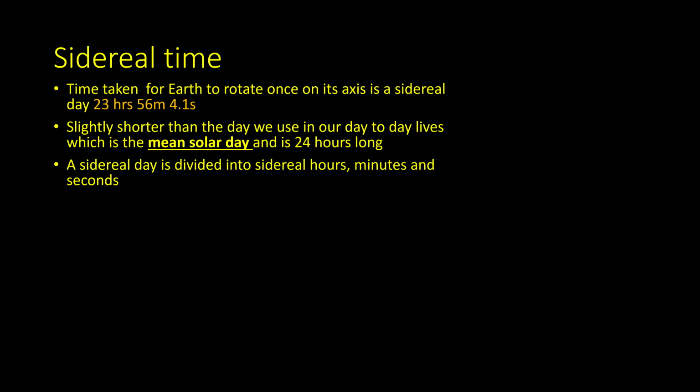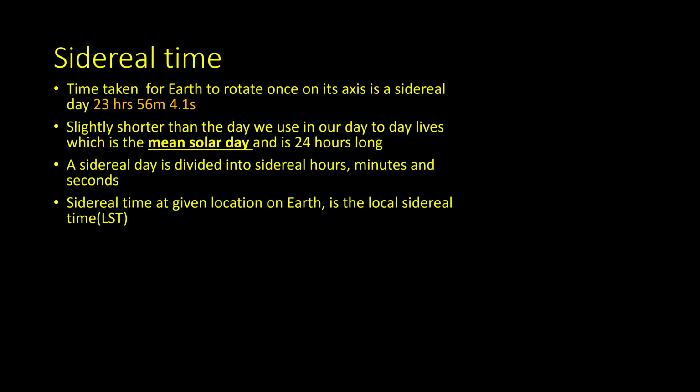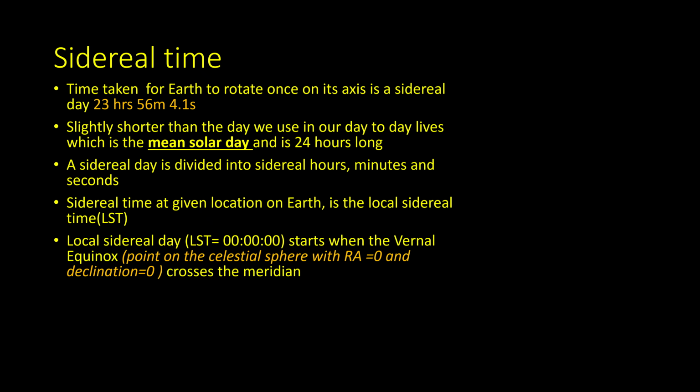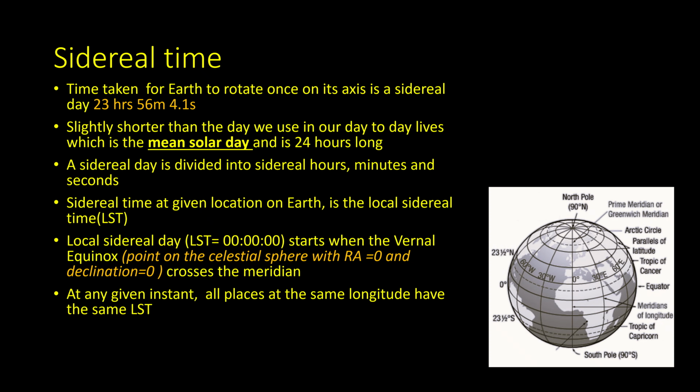Sidereal time at a given location on Earth is called the local sidereal time, and the local sidereal day, rather, begins when the vernal equinox, that's the point in the sky with 0 right ascension, 0 declination, crosses the meridian. All places at the same longitude have the same local sidereal time.